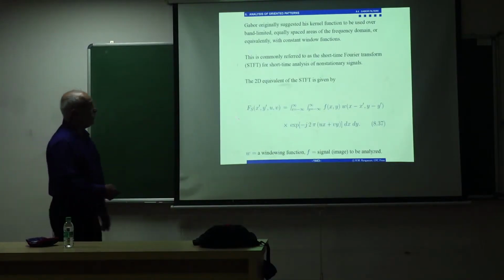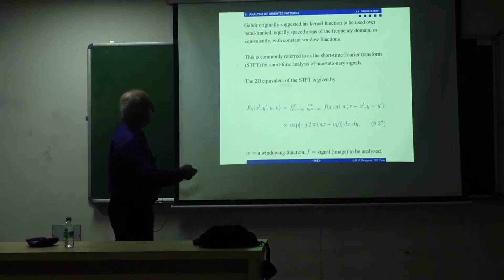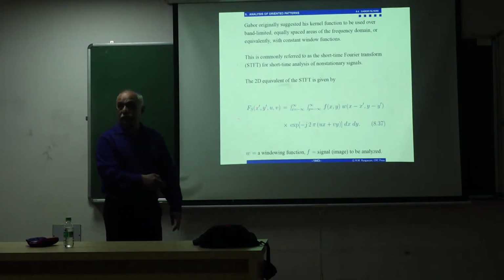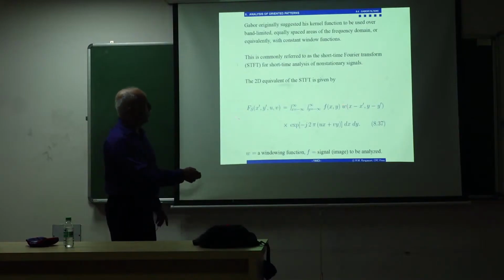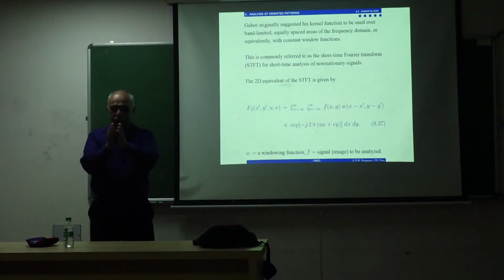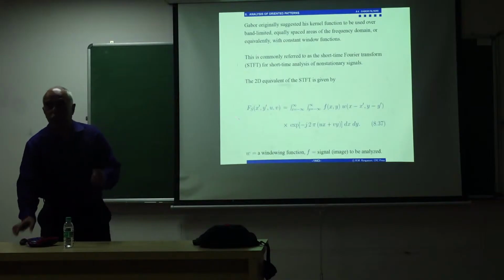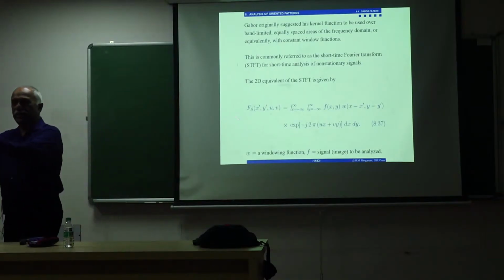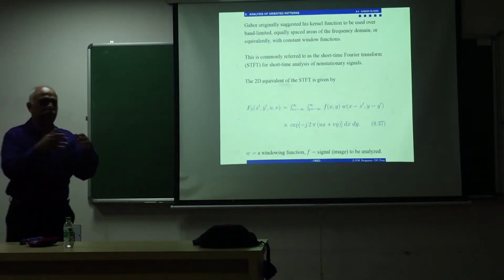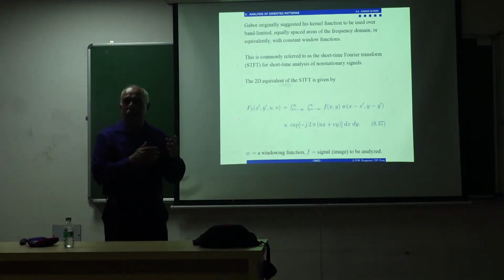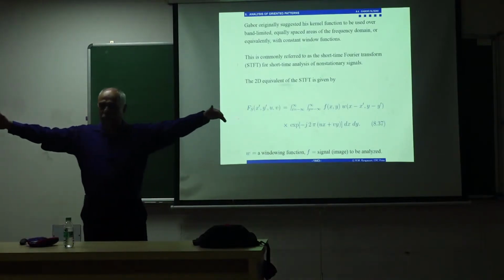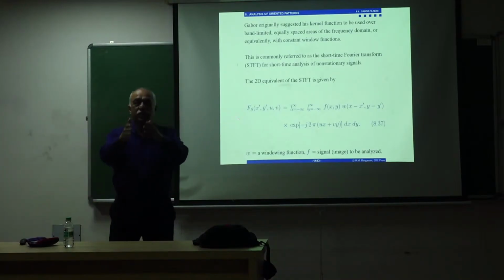You are computing the Fourier transform not only as a function of frequency u,v, but also spatial position x', y', where that window is located, centered. So that window selects a certain part of the signal or image. The Fourier transform kernel is the same as before. So you compute this for each position of the window as the window is translated, commonly done in speech signal processing as the short-time Fourier transform. Not the Fourier transform of the full signal, but little windows.